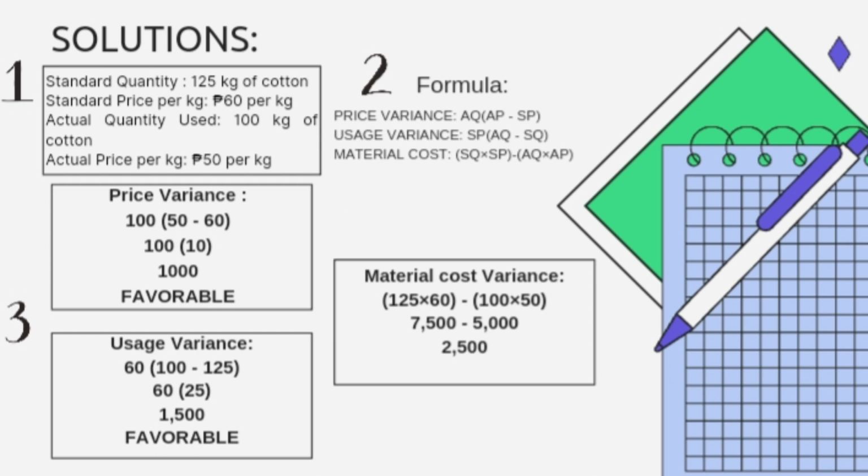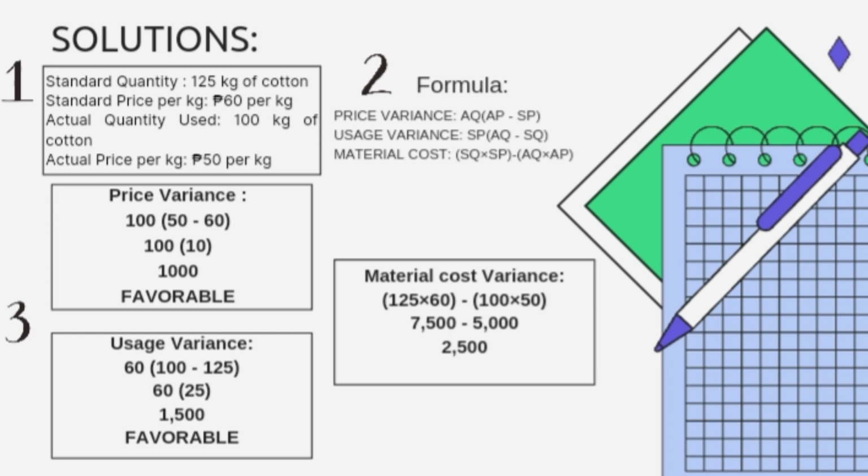And then multiply it to the standard price, which is 60. Then the answer would be 1,500. It is considered as favorable because the quantity of materials that needs to be used is lower than the standard that the company predicted.